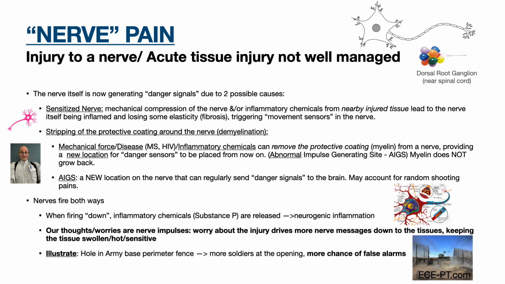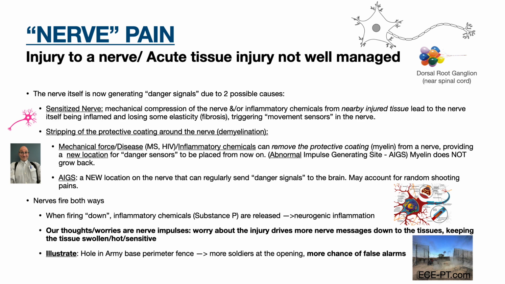That protective coating does not grow back, and in its place are more danger sensors. So essentially, you now have a new location, new real estate for more sensors, and there will always be more sensors there. And now they call that an abnormal impulse generating site. A site that was never intending to send an impulse now does send an impulse.